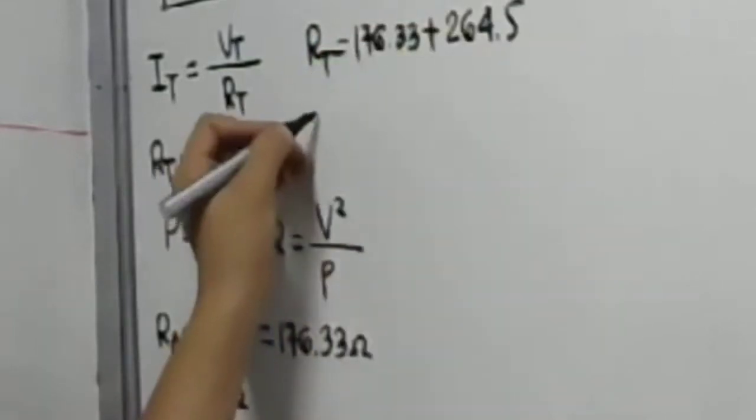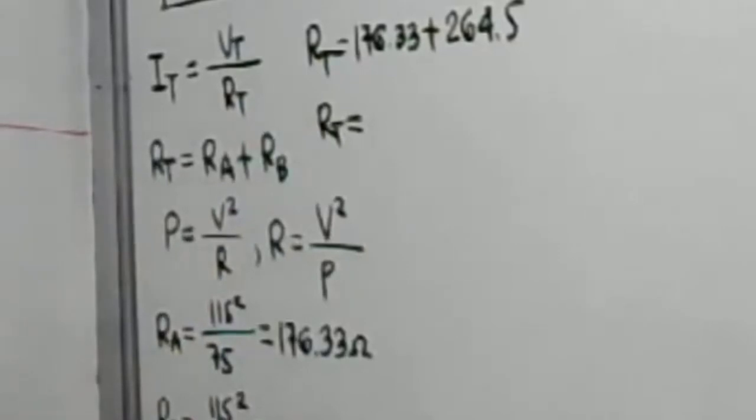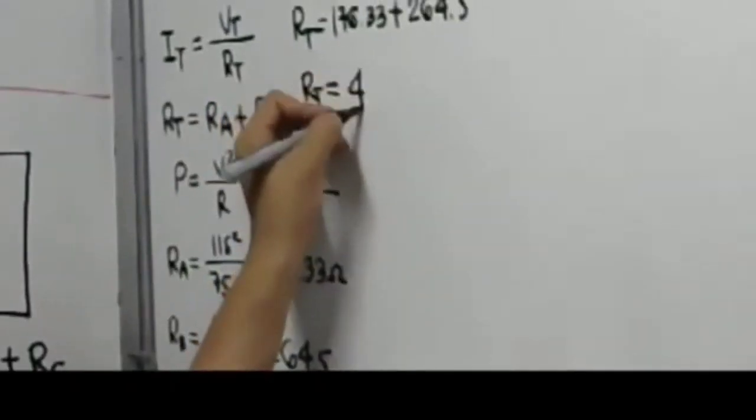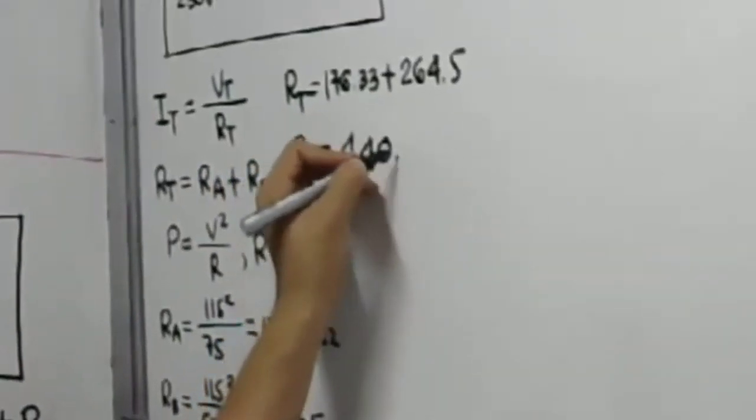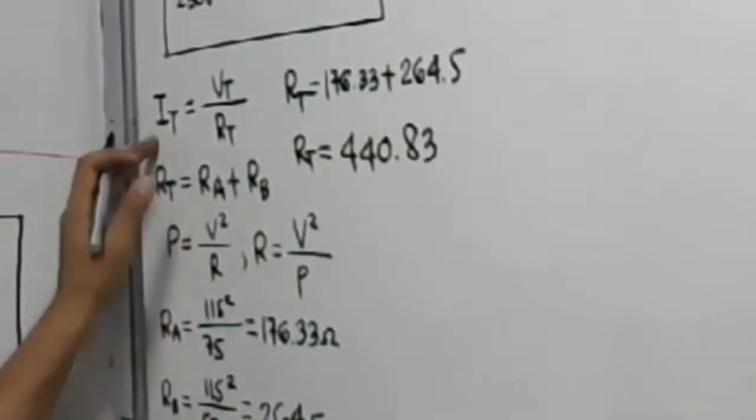So our total resistance now is 440.83. Then we can calculate now the total current.